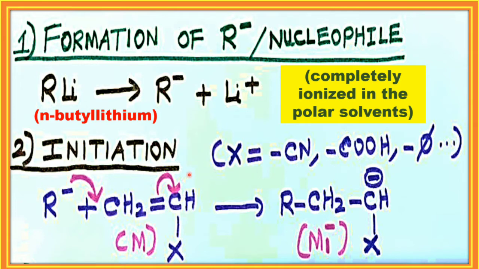The second step is the chain initiation step. The attacking species, the anionic species formed in the first step, attacks the monomer molecule to form M1 minus.